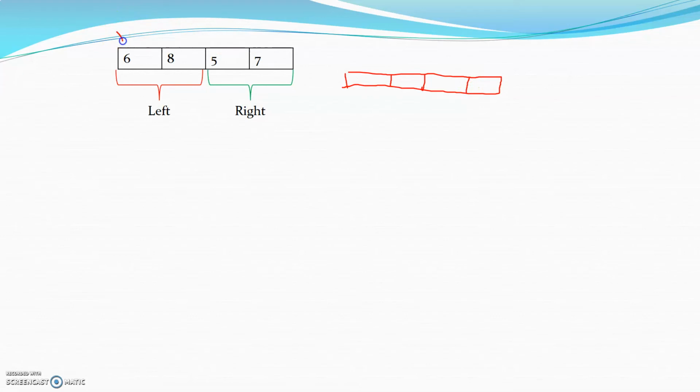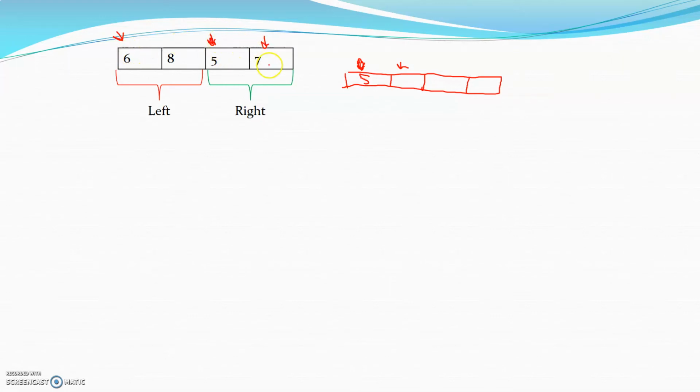We'll have a pointer on the left, pointer on the right. We'll have a pointer for this temporary structure. So it'll compare in terms of what these are pointing to. 5 or the 6, 5 is less. So 5 comes in here. This pointer is now going to advance here. This pointer is now going to advance here.